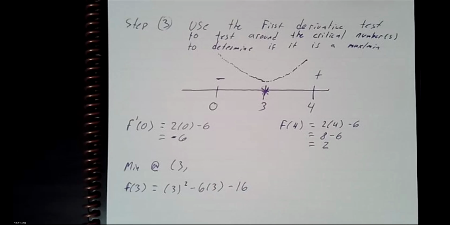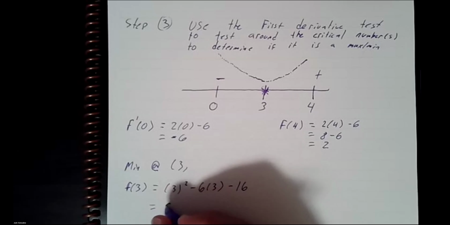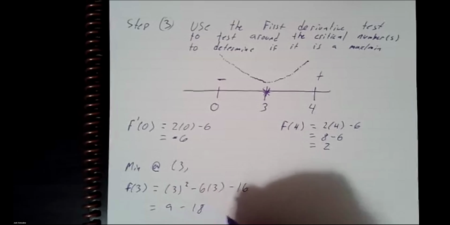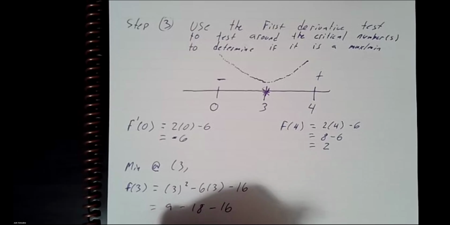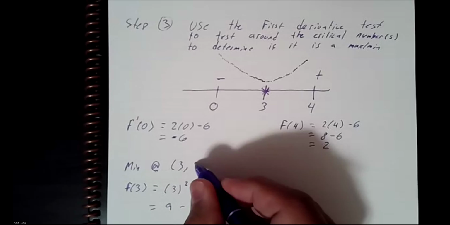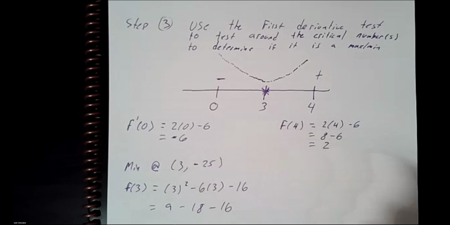See what you get. 9 minus 18 minus 16, negative 25, right? Okay. So all this work just to find out if it's a min or a max.